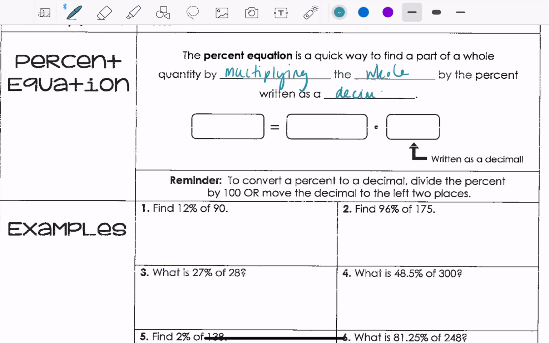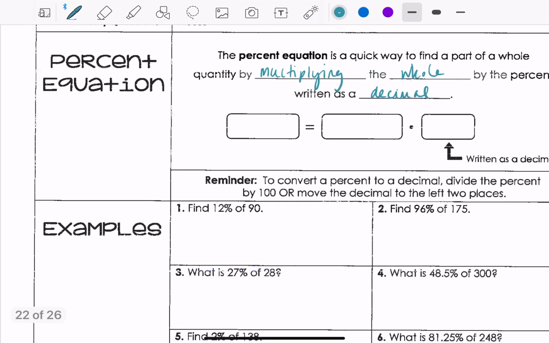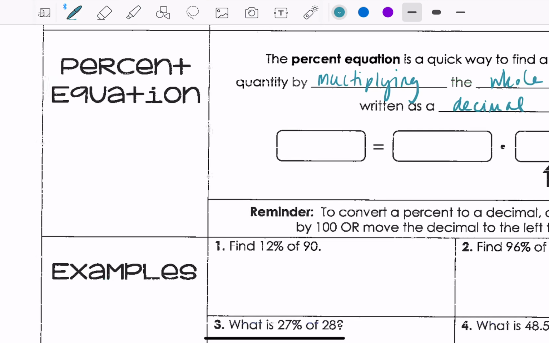So let's review what that means. You were doing equations, and we're going to go over here on the left and write this down. We had this equation, part over whole, this percent proportion, equals percent over 100. Well, this is really just the percent as a decimal. That's what you're doing when you write that.